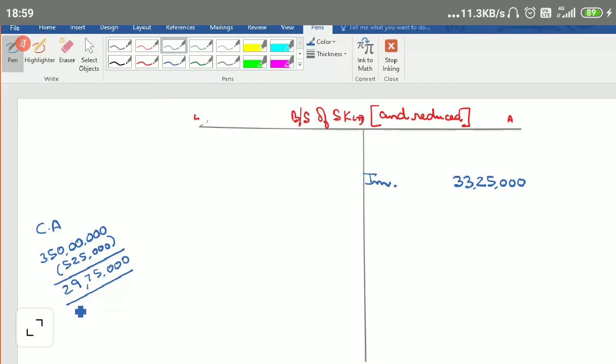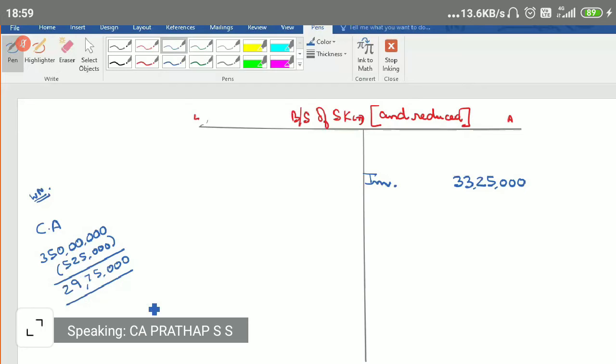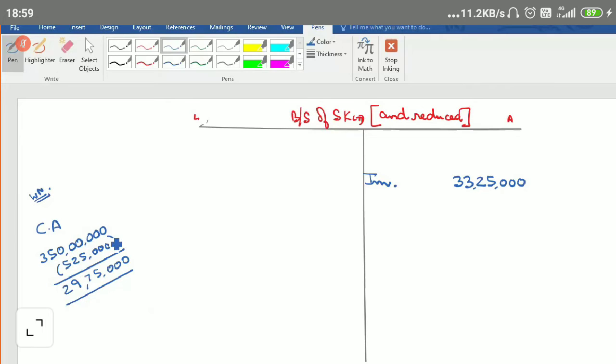Okay, but little changes are there. Yeah, how, 29 lakhs is 350 lakhs, no? Yeah, 34 lakhs 47,500. 34, 47, 500.